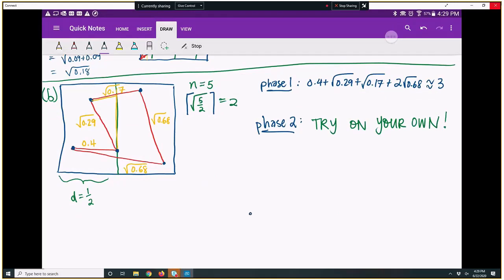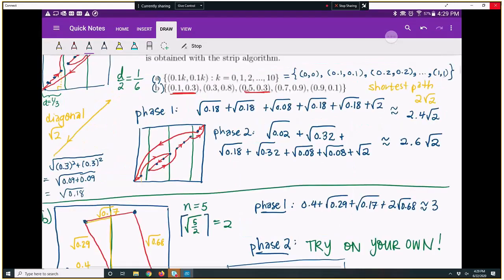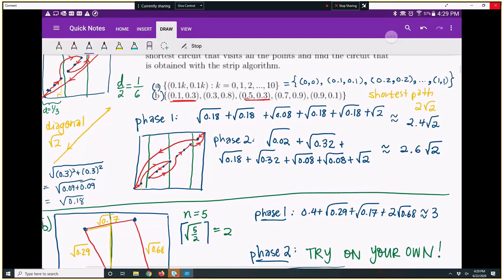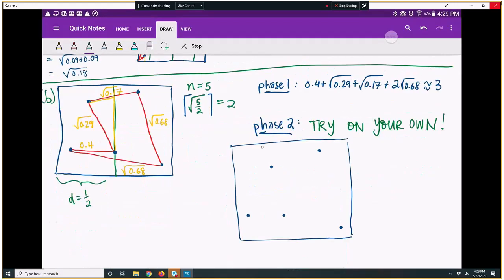You'll have your points here, something like this. And you'll shift this guy by half the distance, so 0.25. It's going to look like this eventually. And then you still have half here. So that should be your setup.